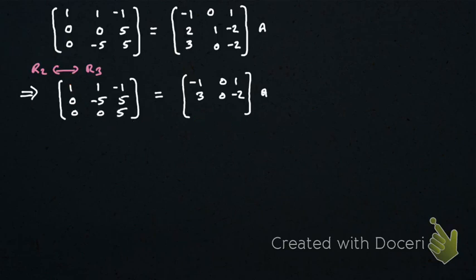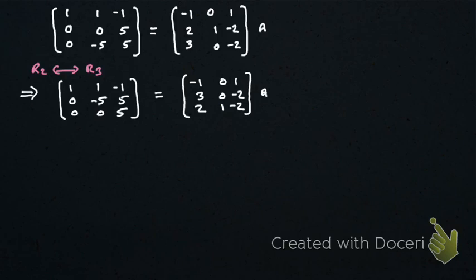So that means 0, 0, 5, 2, 1 minus 2 will go to the third row's position. I still haven't got that element as 1. I want to get that as 1. How would I make minus 5 as 1? The only way to make it 1 is to divide throughout by minus 5.